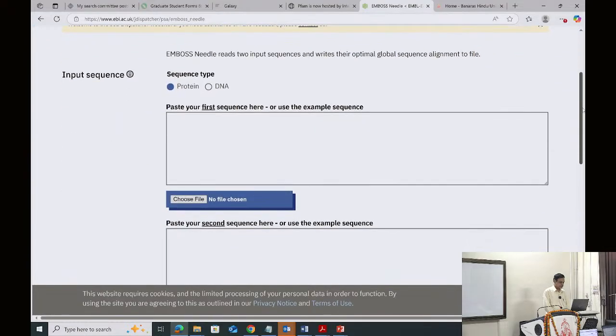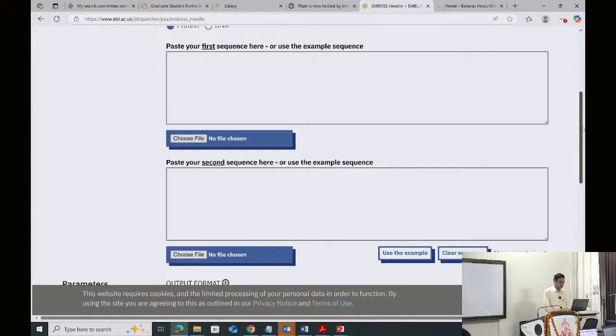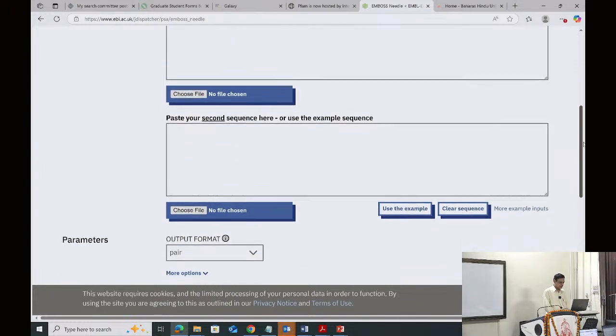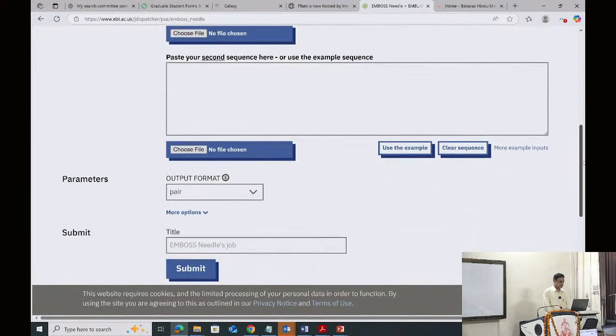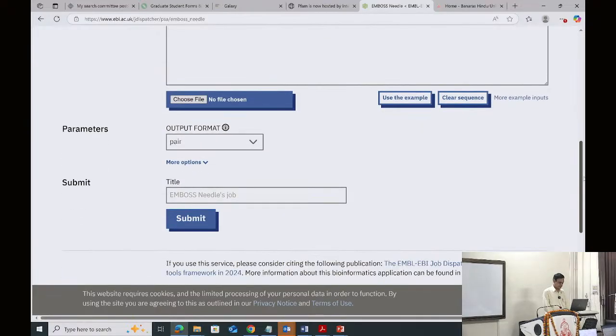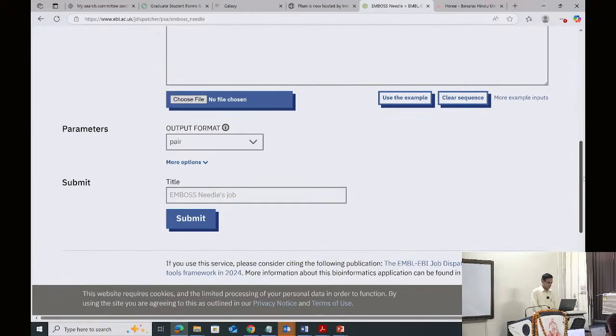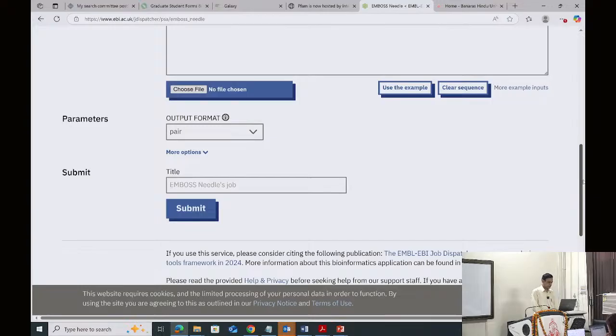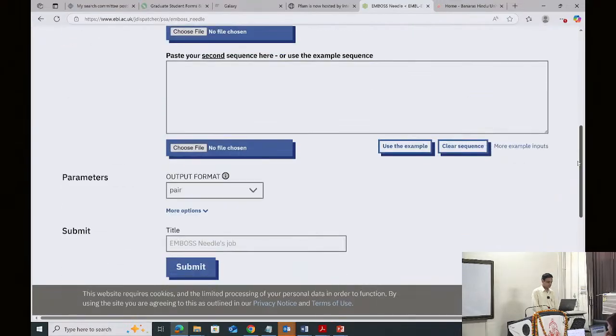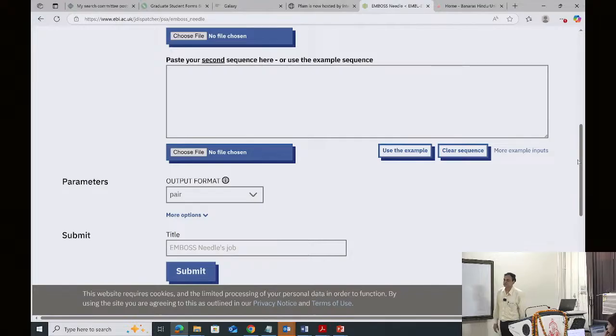So first sequence. Paste your first sequence here in this first box. Paste your second sequence here, that is the second box. Okay. And then you have to just submit. It's okay, it's easy.